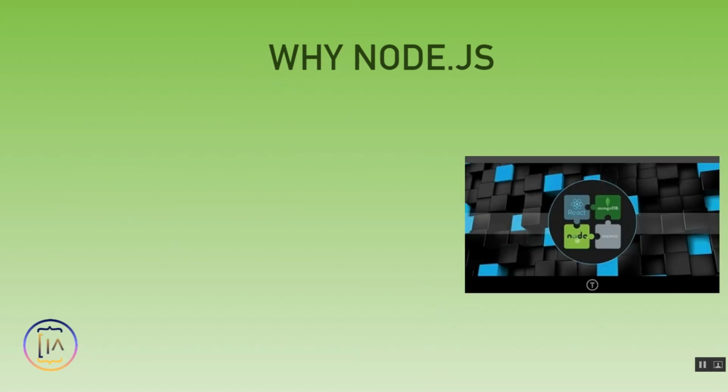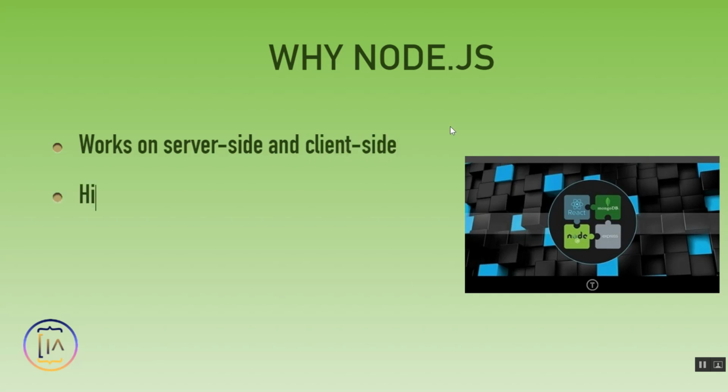And why do we need to use Node.js? It works on both the server side and the client side, as I've told you, so you can build front-end and back-end applications, and it has high performance thanks to the vast community behind it. It's also in many stacks, like the MERN stack, which is MongoDB, Express, Node.js, and React.